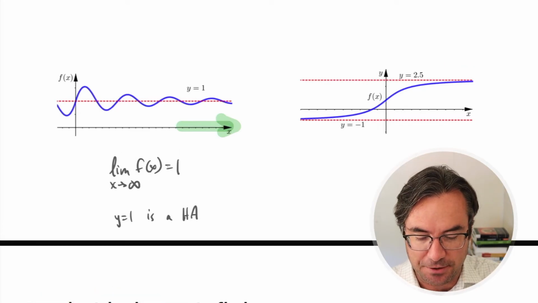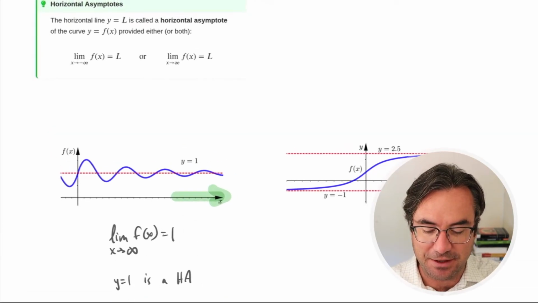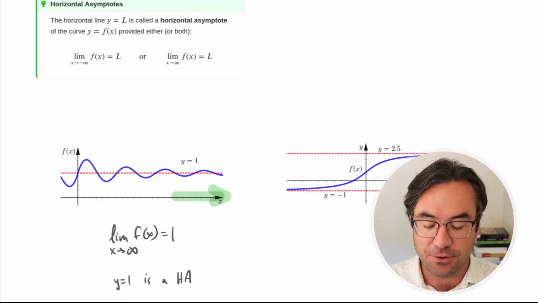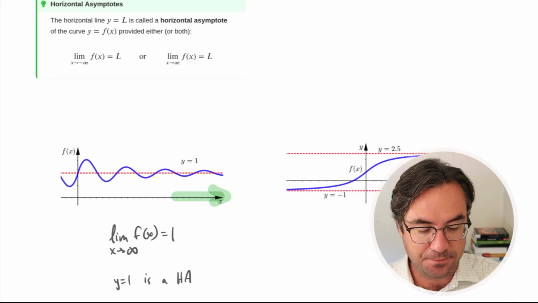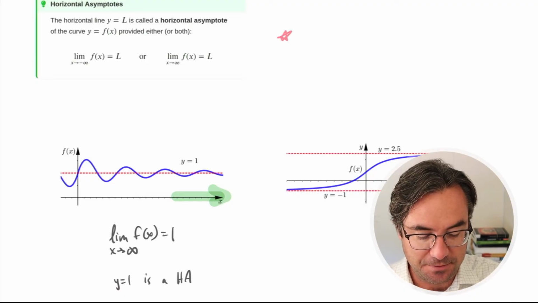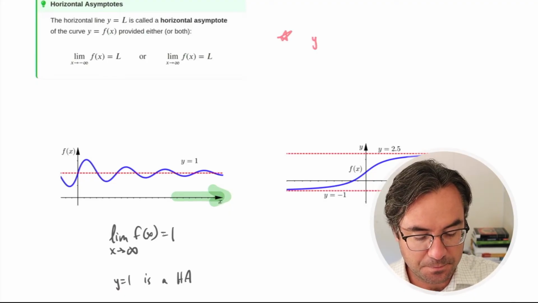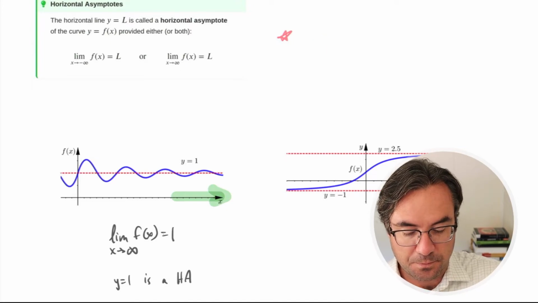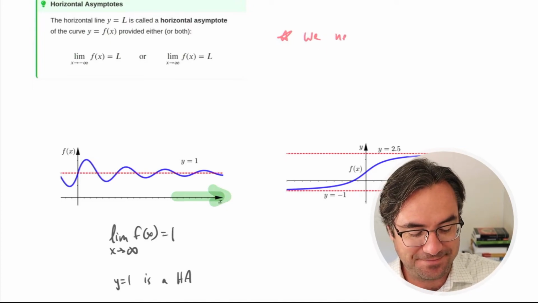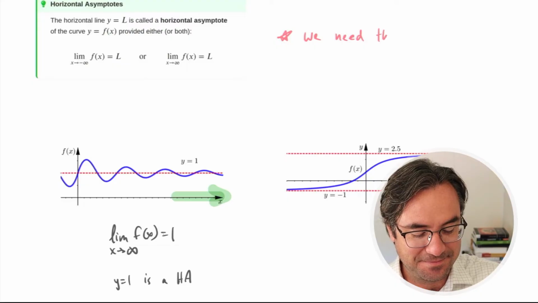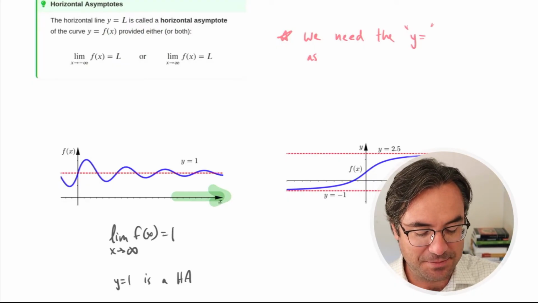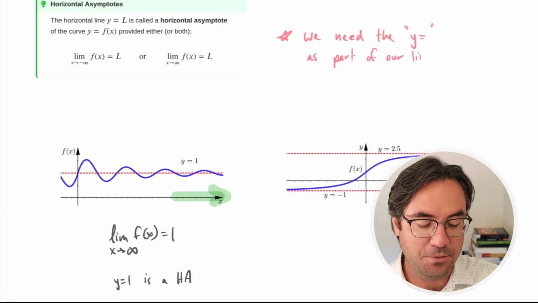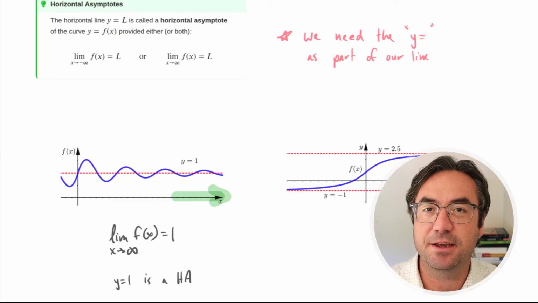And just a little note here: when we specify a horizontal asymptote, 1 is not the horizontal asymptote, it's y equals 1. We need the y equals as part of our line, because what we're doing here is specifying an equation of a line.